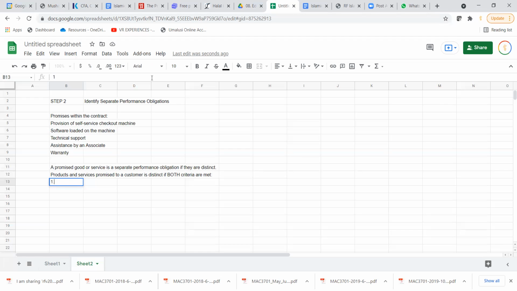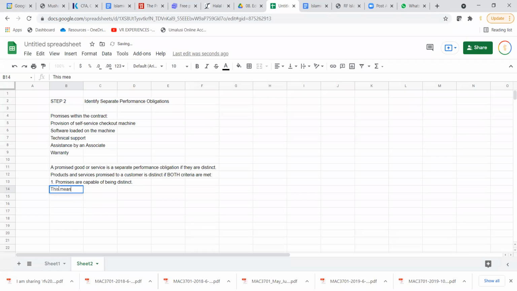What are the criteria? So number one, the promises are capable of being distinct. Okay, so what does this mean? Let's put it in the next point.